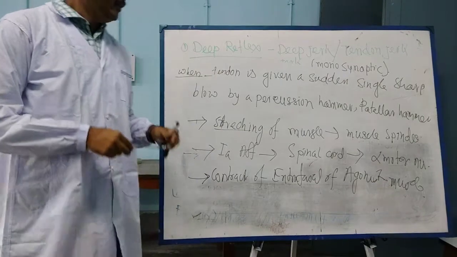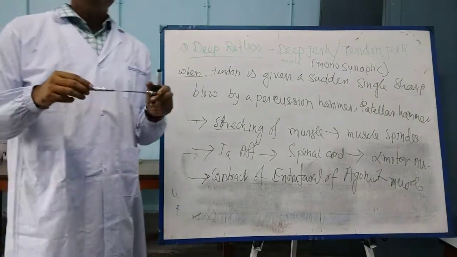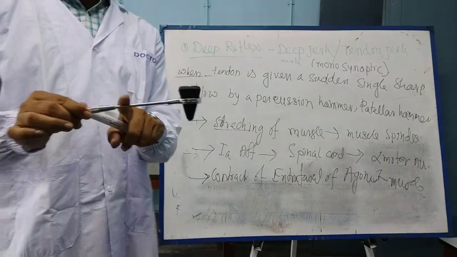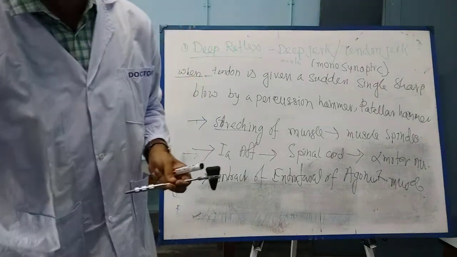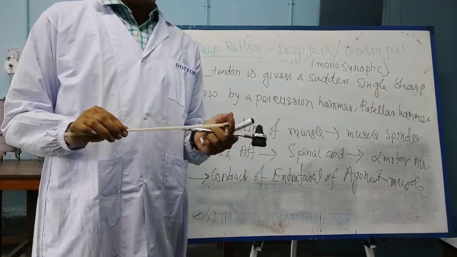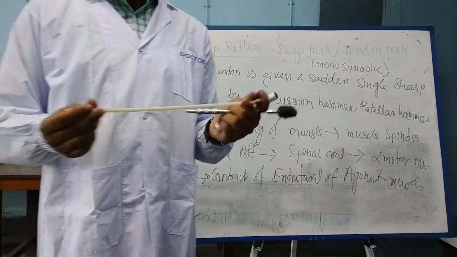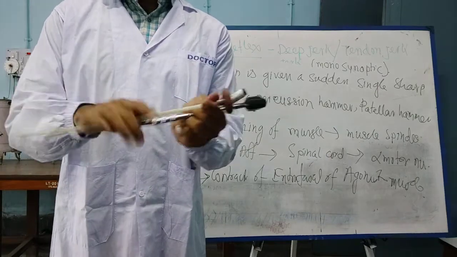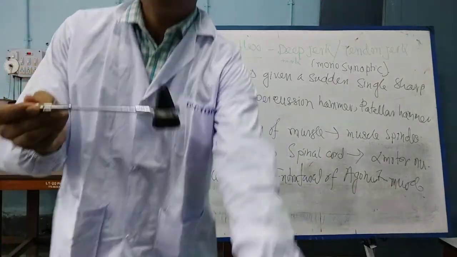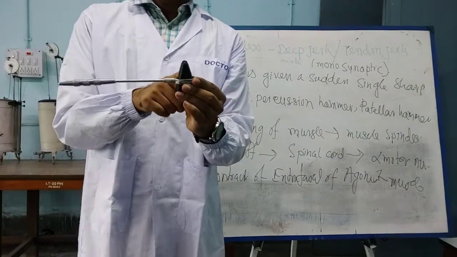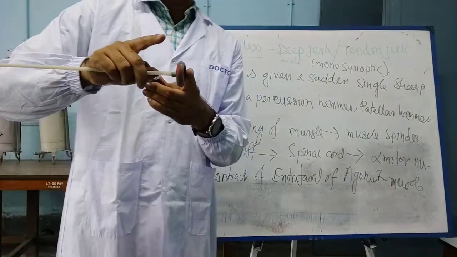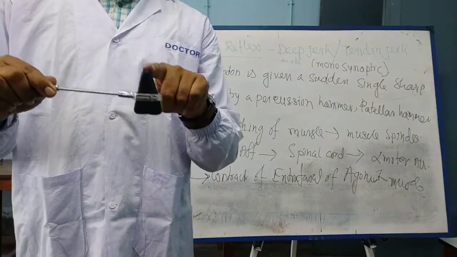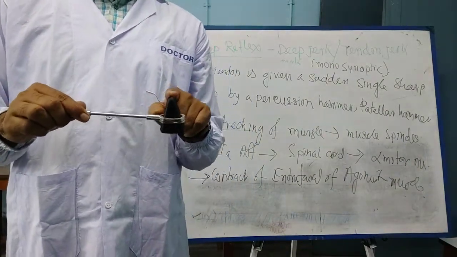And remember, the single sudden sharp blow is given by this percussion hammer or the patellar hammer. This percussion hammer has a long plastic or long metallic handle and has a rubber piece. This rubber piece has one broad end and one pointed end.